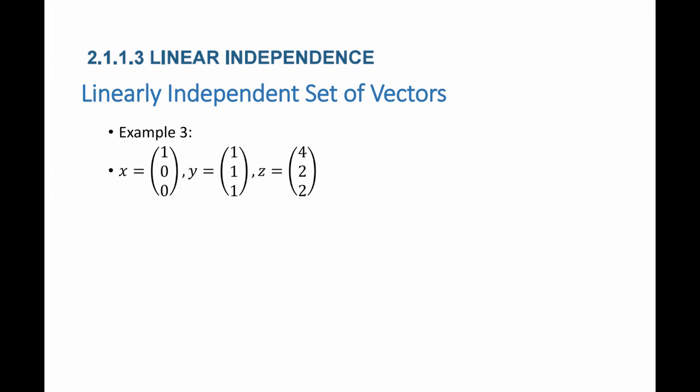This applies to any dimension. For example, in R3, I have these 3 vectors. Let's look at the linear combination of these vectors. If I write alpha 1 x plus alpha 2 y plus alpha 3 z, and I try to find a combination that gives me 0, I can actually find one if I set alpha 1 equal to 2, alpha 2 equal to 2 as well, and alpha 3 equal to -1.